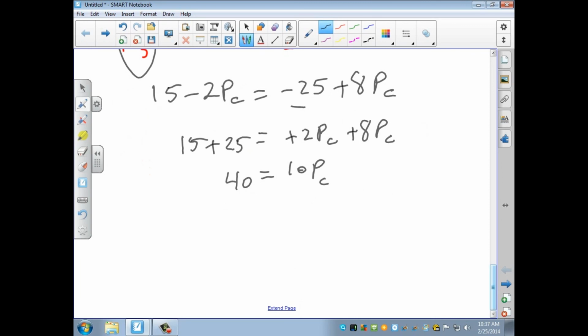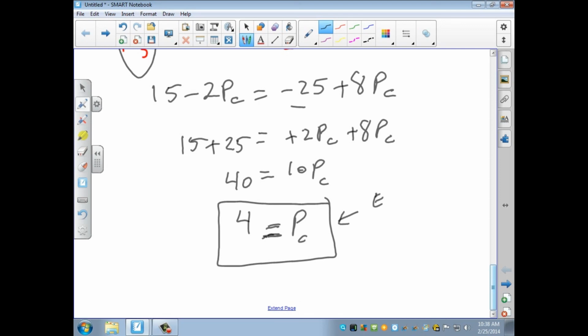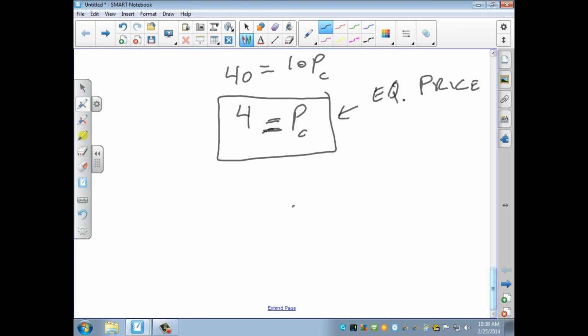Therefore, PC would be equal to 4. Price of copper equals 4. This is the equilibrium price. You plug it back into one of the functions, either the demand or the supply function. The demand function was QD equals 15 minus 2 PC.